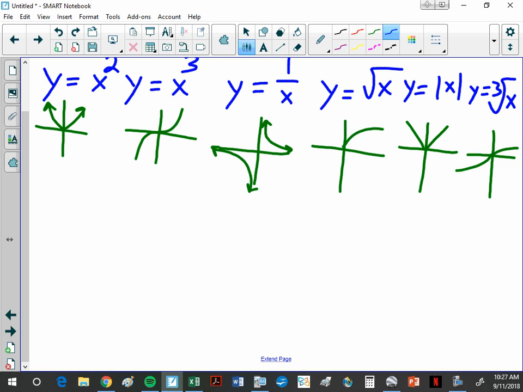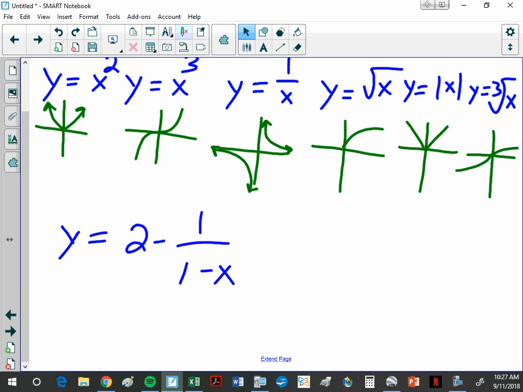What about this? This is number 60. 2 minus 1 over 1 minus x. This one is really complicated. Huh. Well, what do you notice? That one is actually left 1.